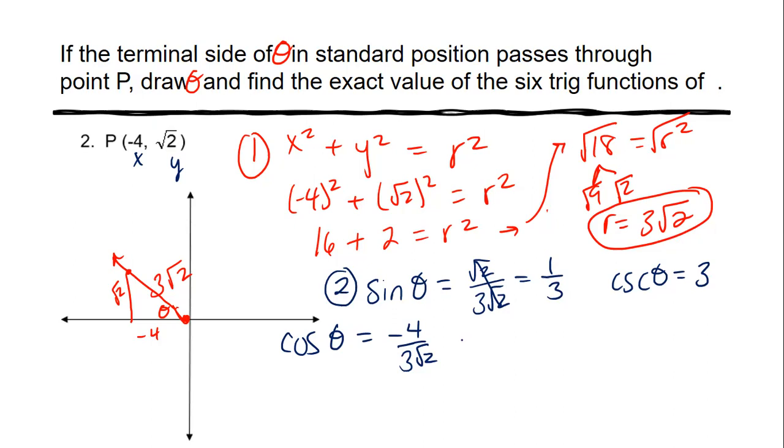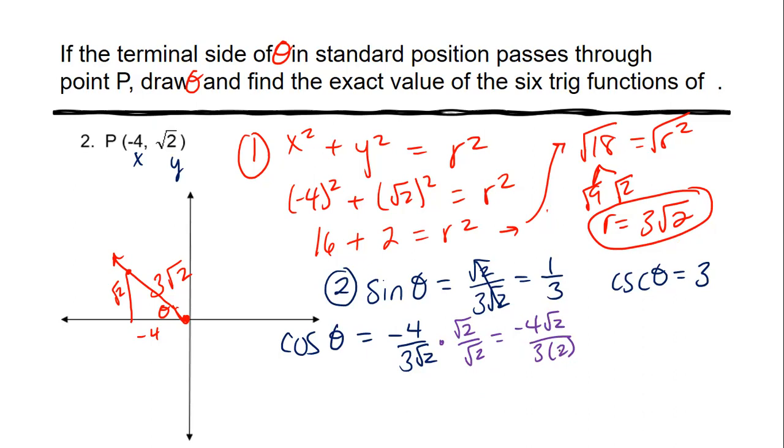The only way you can get a radical out of the denominator is by multiplying it by itself. So we multiply, and we end up with -4 square root of 2 over 3 times 2, because a radical times itself sets itself free.